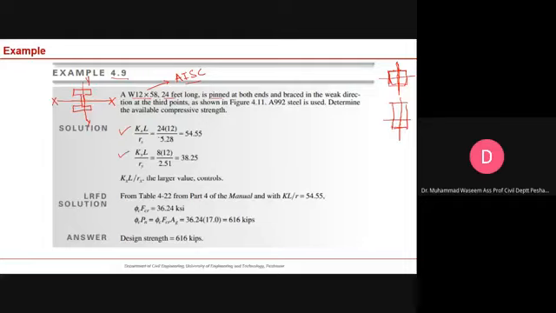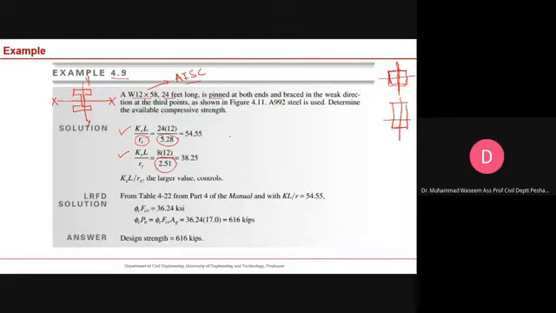As I told you, in order to find the properties of this section, you have to go to the manual, and from the manual you will see that the r value along the x-axis, or the major axis, is more, and along the y-axis, or the minor axis, this value is less.